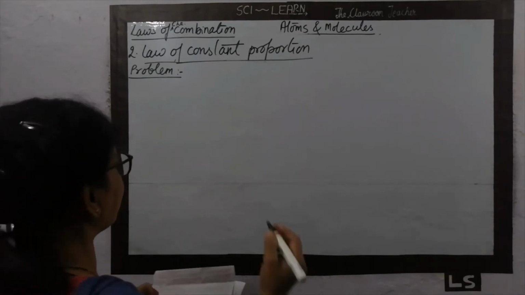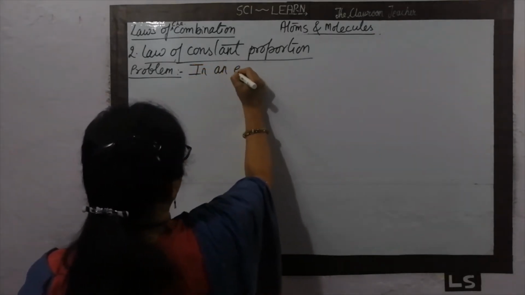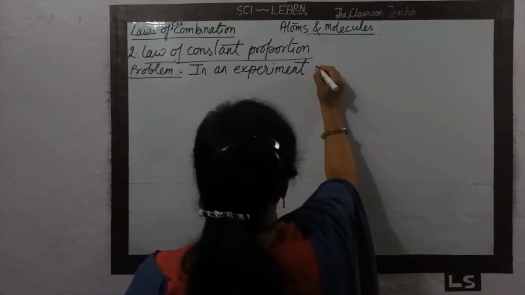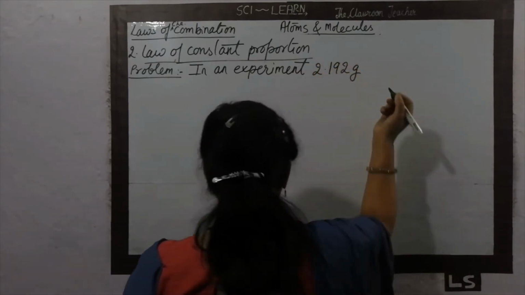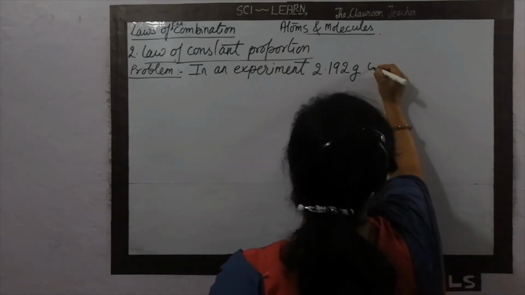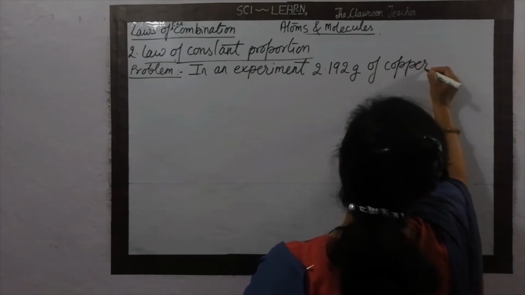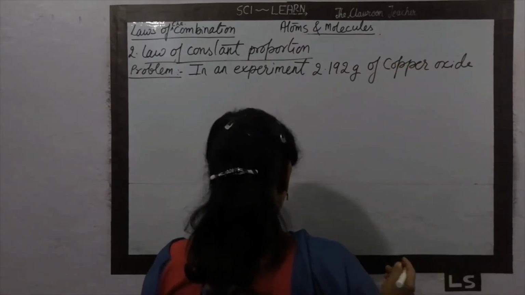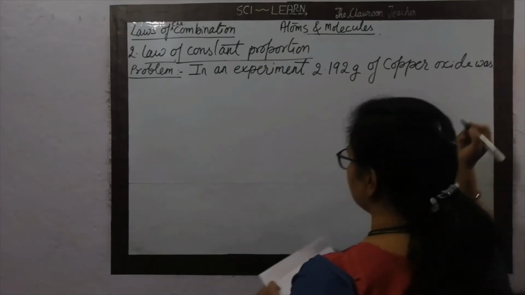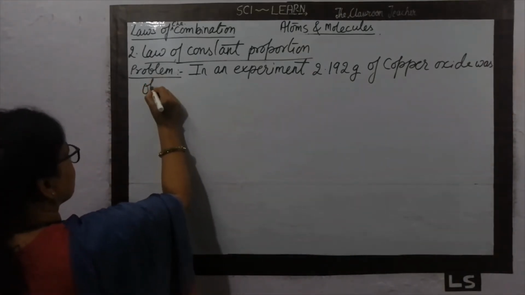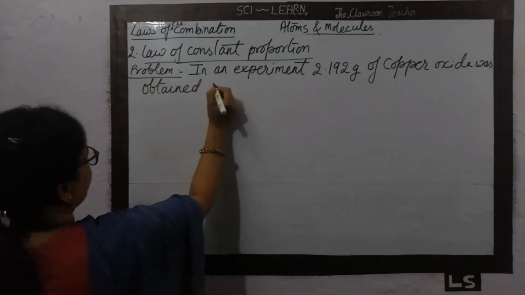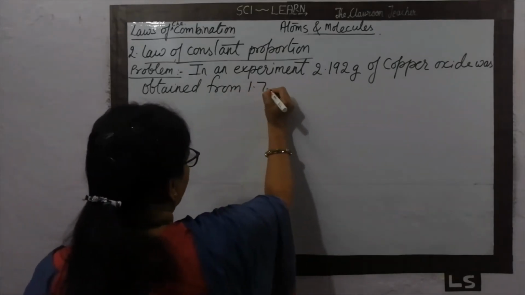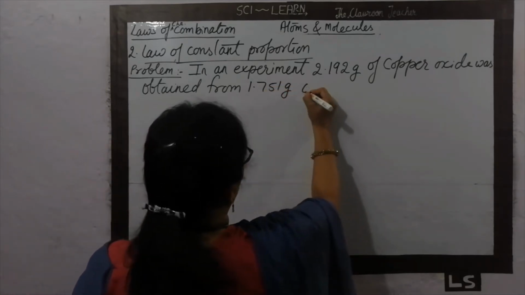In an experiment, 2.192 gram of copper oxide was obtained from 1.751 gram of copper.